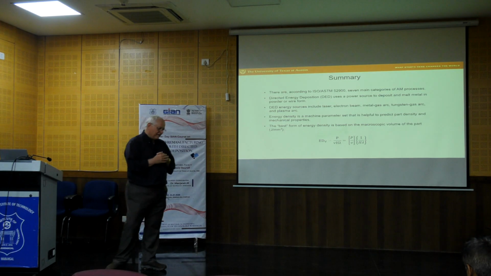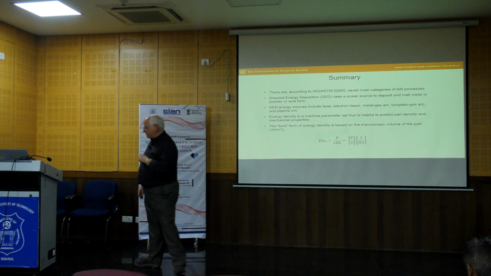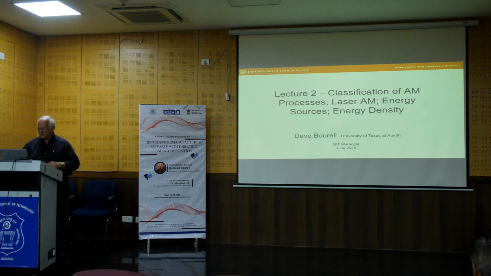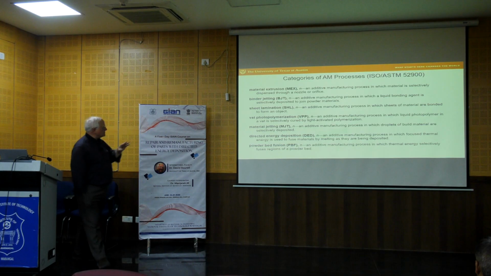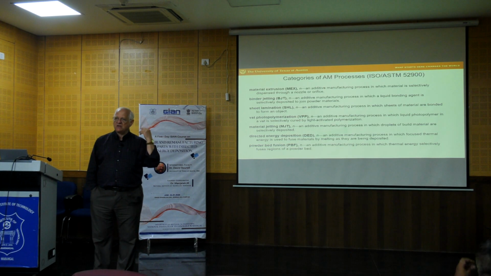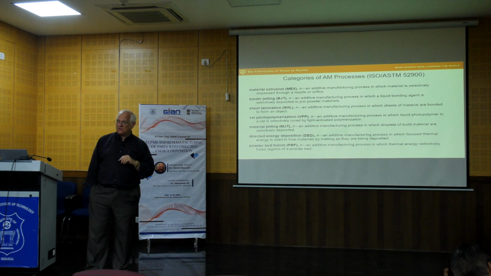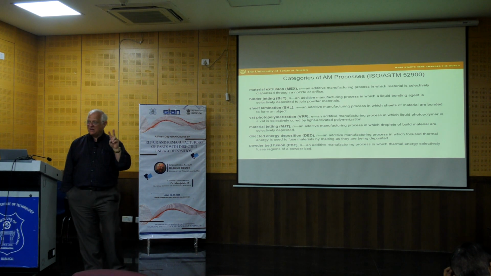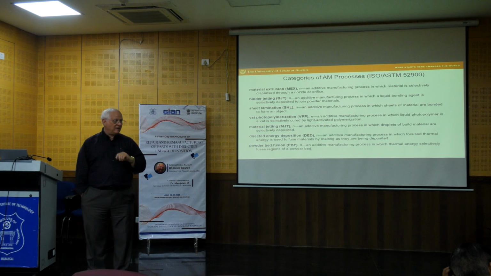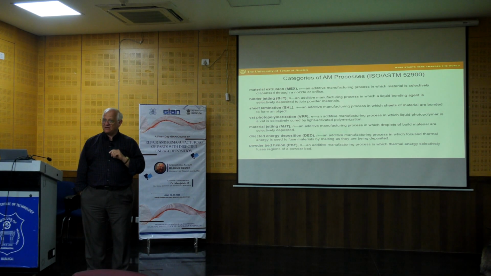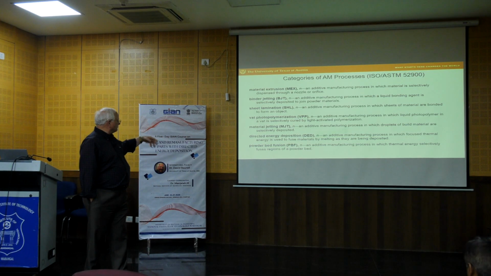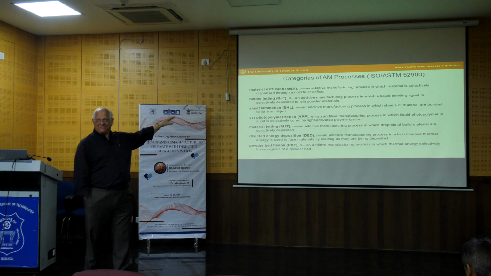We'll wait and see. The other thing to note about this, if I think I have time to do this, if I jump back to the very beginning here, if we look at these technologies, it turns out that there are two factors that differentiate these processes from each other. One is the shape of the feedstock. So, for example, we see sheets and powder appear here.